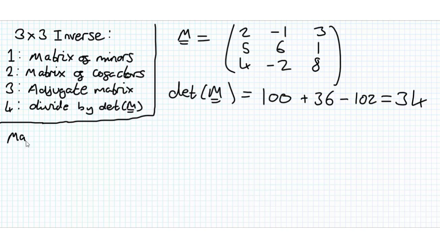Now, matrix of minors. So for each component, to get the top left component of this matrix of minors, we consider the minor of this element 2, so we cross out this row, and then we multiply 6 by 8, subtract minus 2 times minus 1, but that's adding 2, and we get 50.